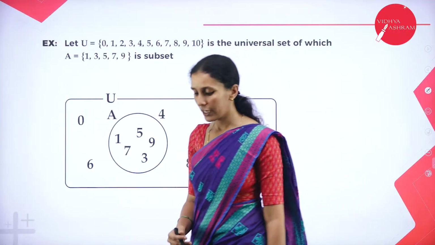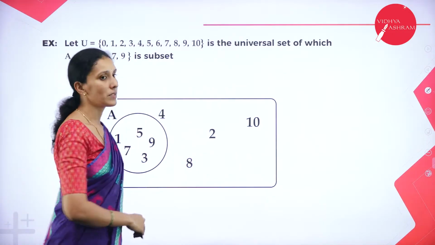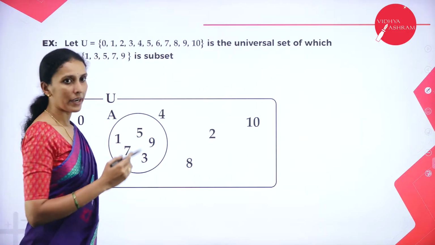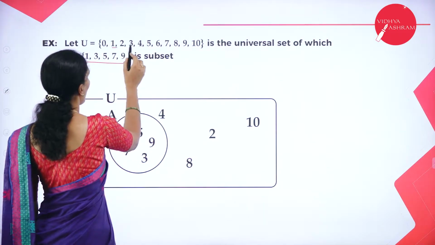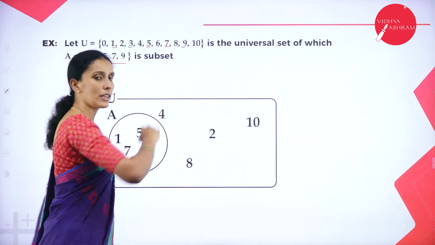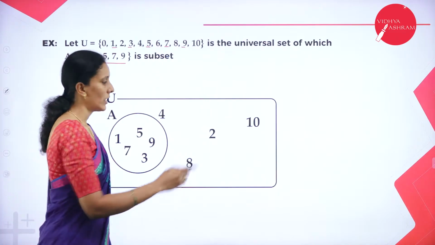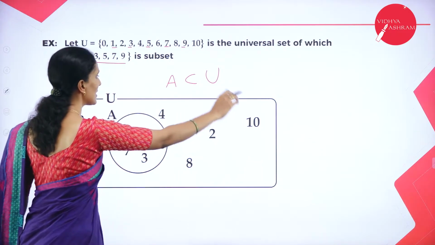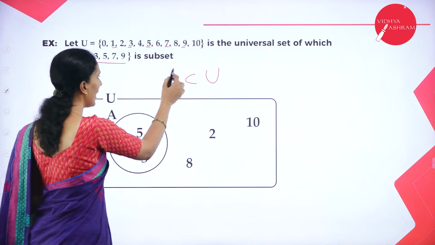So here I have taken an example. Let U be the numbers from 0 to 10, and we have a set A = {1, 3, 5, 7, 9}, which is a subset. See clearly 1, 3, 5, 7, 9 are in the universal set. So we can say A is a subset of U. Since A is a subset of U, the universal set contains all the elements and A is the subset.